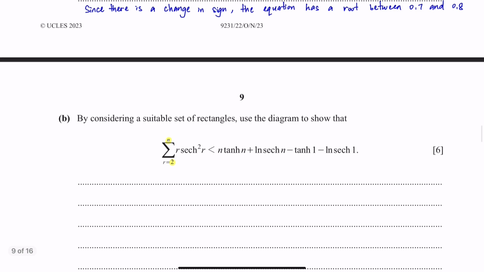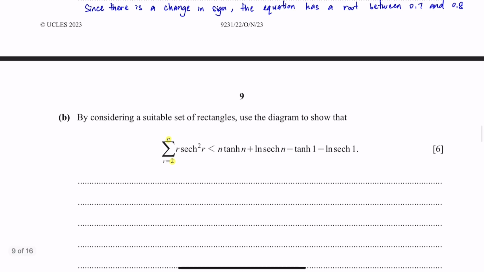And we know that the sum of the areas of the rectangles is smaller than what they give here. So this is usually the integration of the graph. So now we want the areas of rectangles to be smaller.